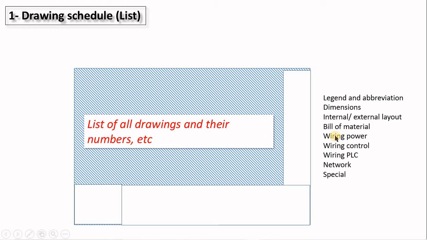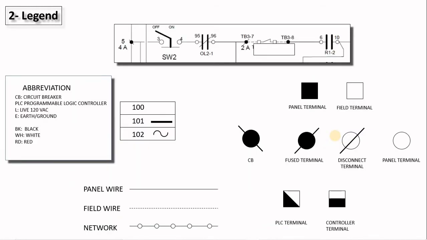Now the wiring drawing could be 5, 6, or 10. So now it comes to the drawing number and how you will number your drawings to allow you to insert one drawing if you need one in the middle. Let's go through them one by one. So the first drawing is your drawing schedule or your drawing list. Second, you have to specify the legend and the abbreviations which you're going to use in your drawings.